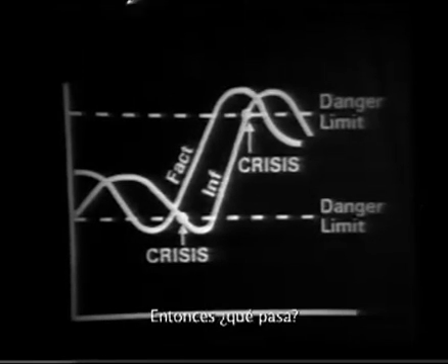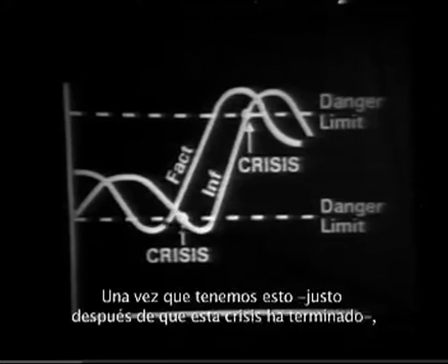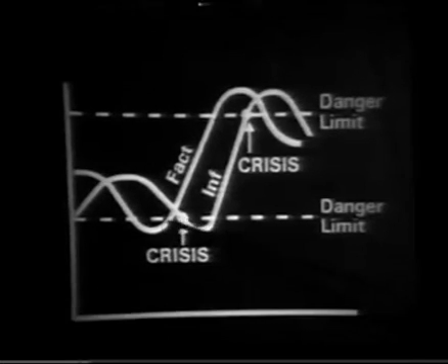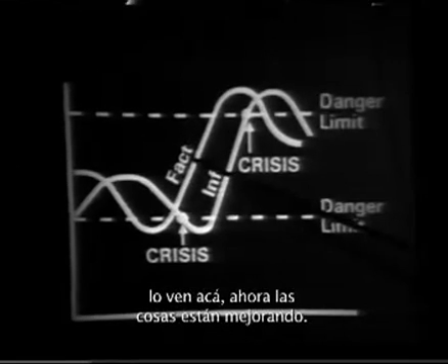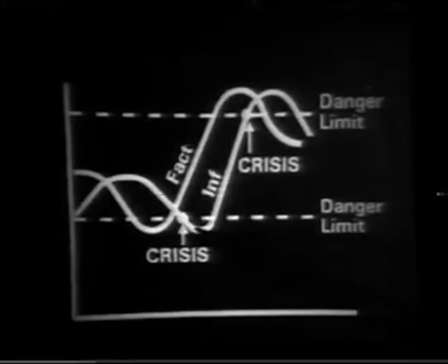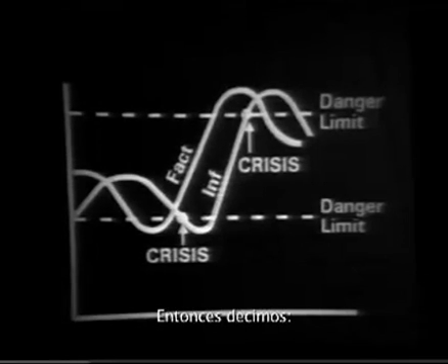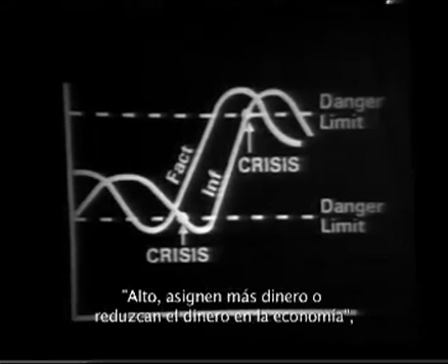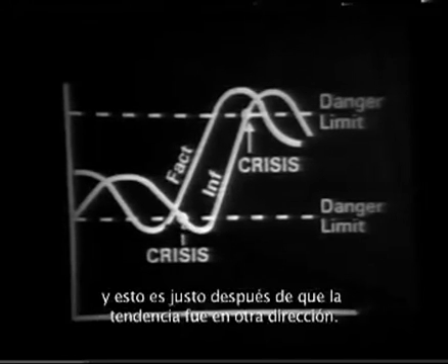So what happens is that just after this crisis is over, things are now improving, we get the information that we are in for a crisis. Therefore, we say stop, hold everything, or take away money from the economy, just after the trend has gone in the other direction.